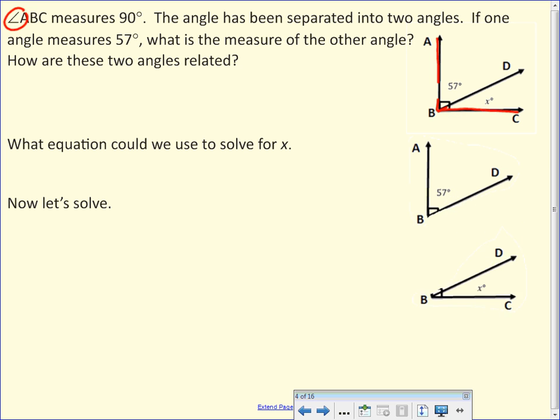So what do I know about these two angles when I put them together? What are they going to equal? 90 degrees. So the 57 and the X are going to equal 90 degrees. So that's how they are related. So let's write that down in our notes.